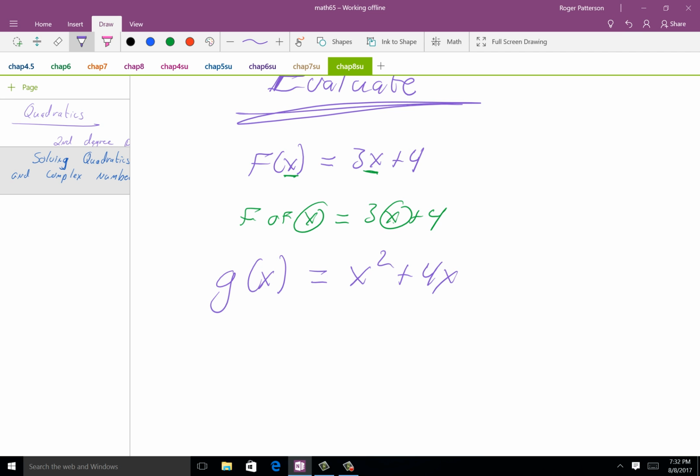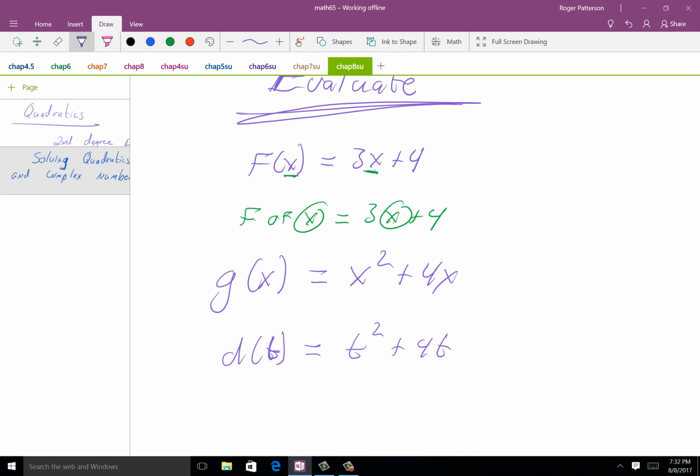It doesn't make any difference. H is common. F, G, and H are the most common ones. If we have D of T, then this has to be in terms of T. So whatever your function's name is, this variable and this variable have got to be the same.